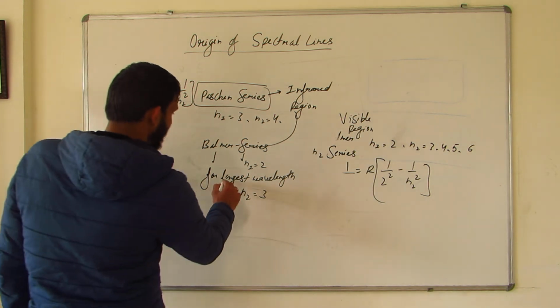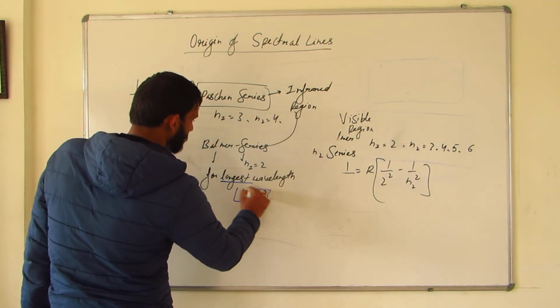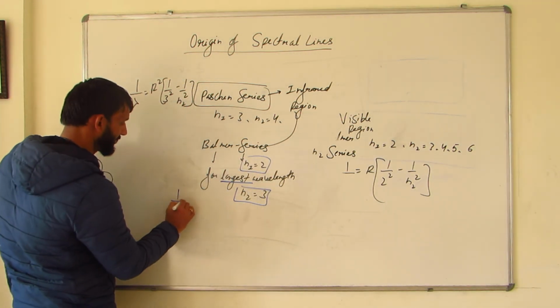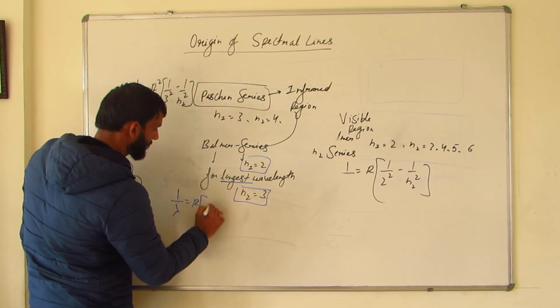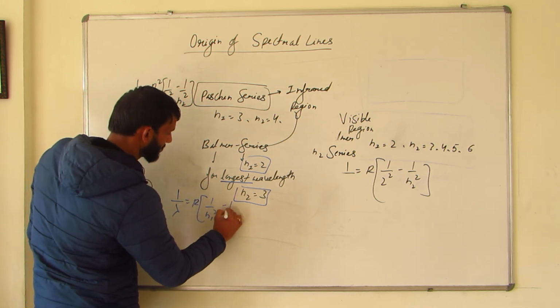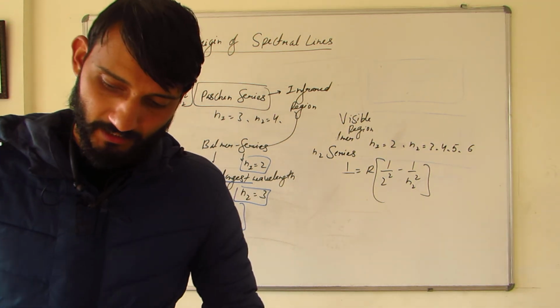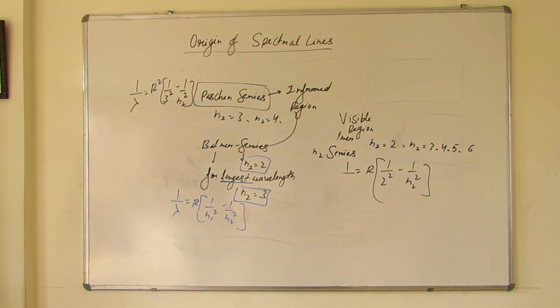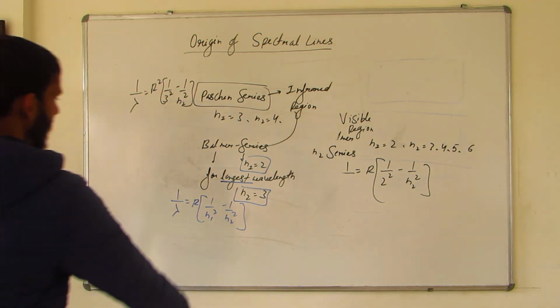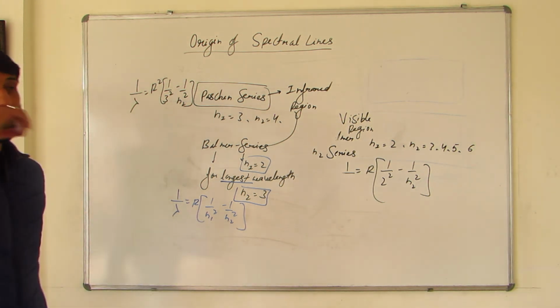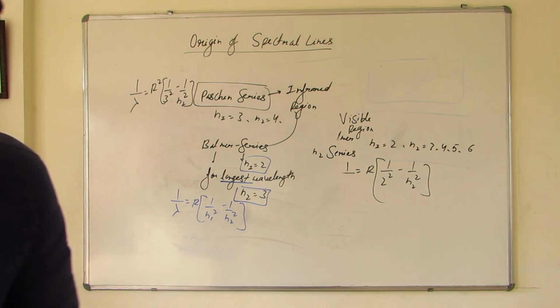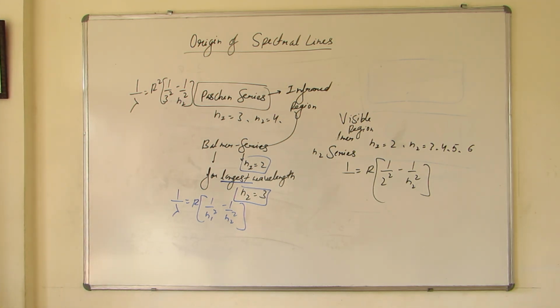So the wavelength would be largest or longest when n2 equals 3 and n1 equals 2. What formula will you use? R (1 upon n1 square minus 1 upon n2 square). Now put the values and try to solve it. Again the answer would come out the same as in the previous one, but this was just a variation to show how it works, right?